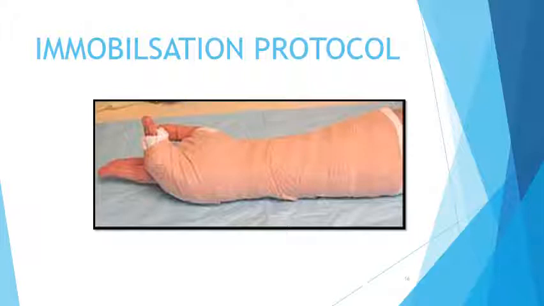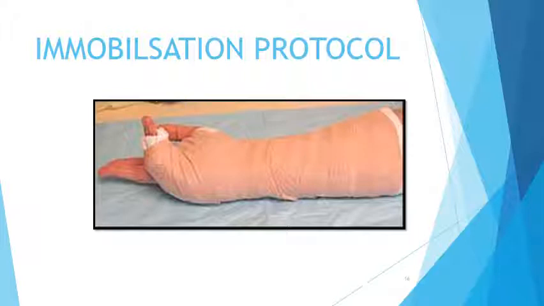So then looking at the intermediate stage, after the orthosis can then be modified, where the wrist is changed to a more neutral position, and it is then removed for hourly exercises from about 3 to 4 weeks after the initial immobilization stage.